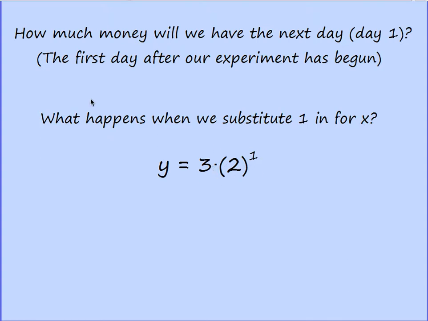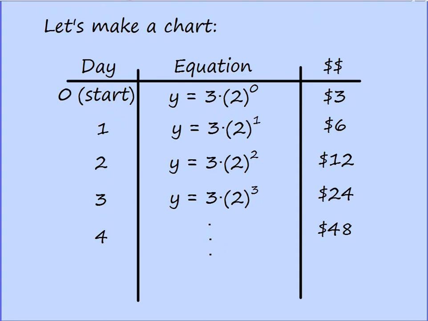So 2 to the first power is, of course, 2, and 3 times 2 equals 6. This tells us that 1 day after our experiment started, we have $6. And I could continue to substitute the number of days in for my exponent and calculate out each point.